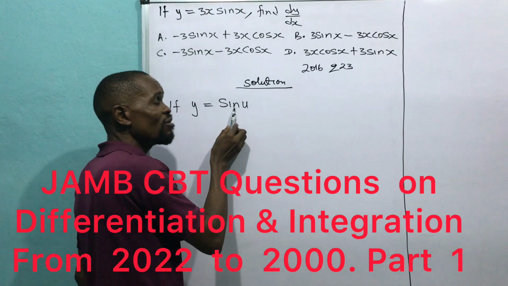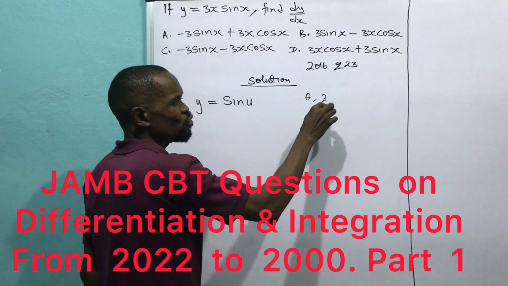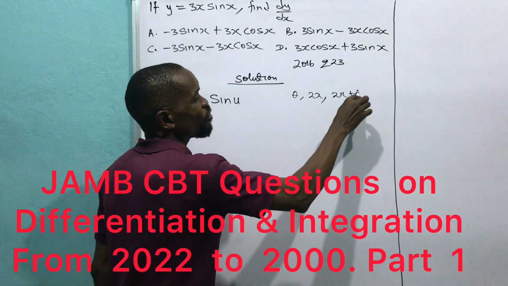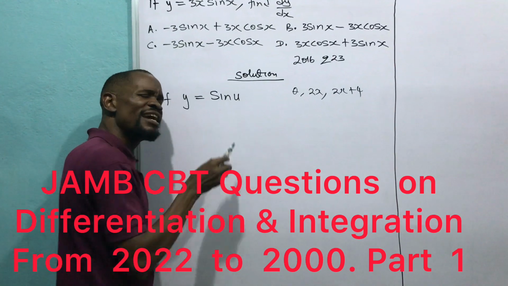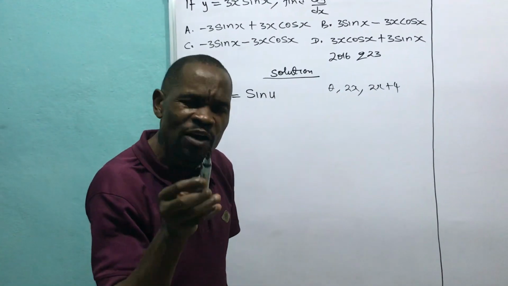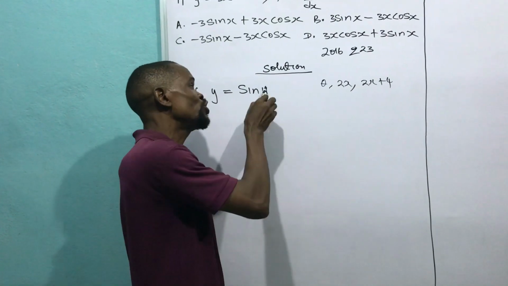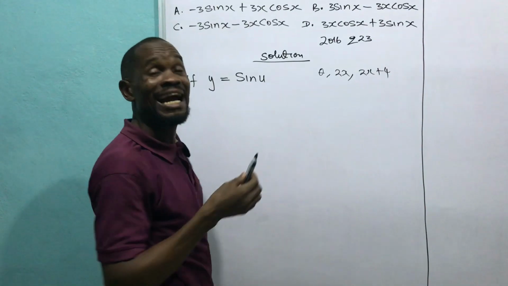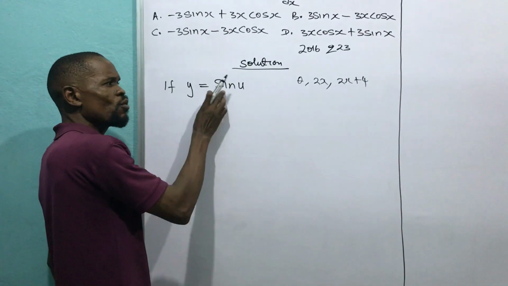U is the angle of sine, which may be theta, which may be 2x, which may be 2x plus 4, which may be anything, but whatever that is here is the angle of sine u. So this u can take any of these values, but I know it as the angle.